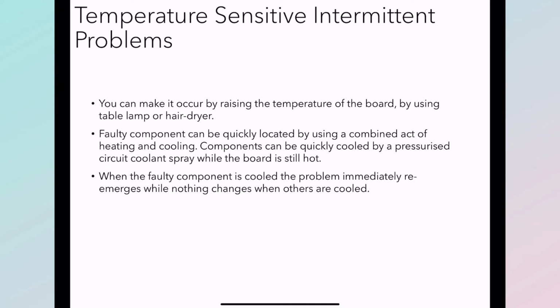Most of the times those intermittent problems are related with temperatures. As the temperature of the device goes up, the problem appears, and as the temperature goes down, the problem disappears again. Such problems are referred to as temperature sensitive intermittent problems.